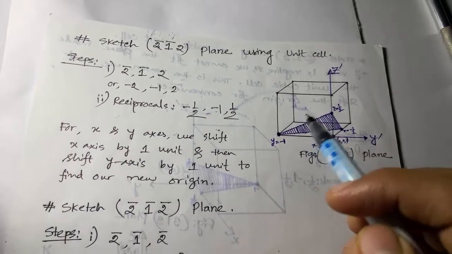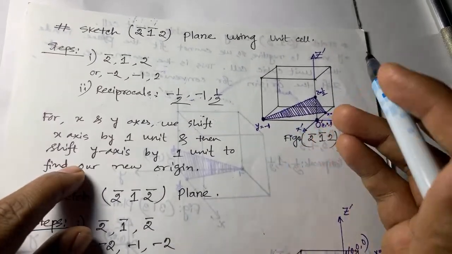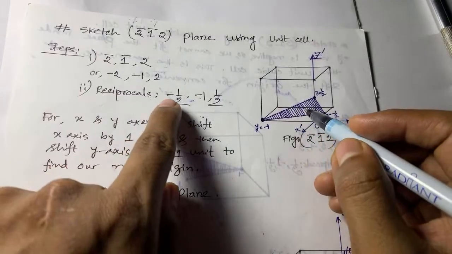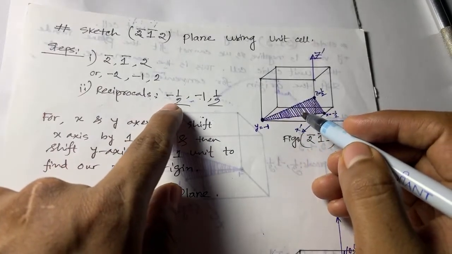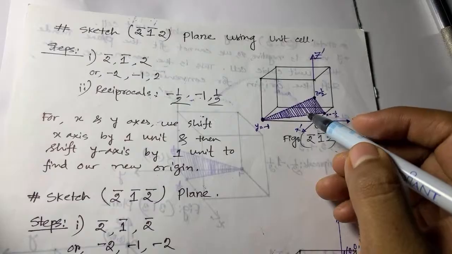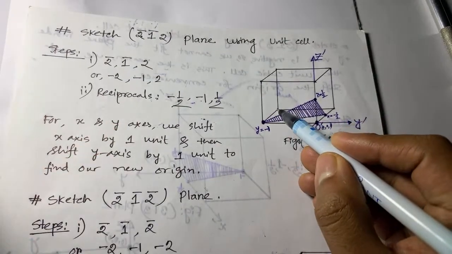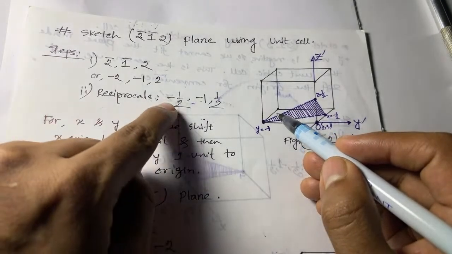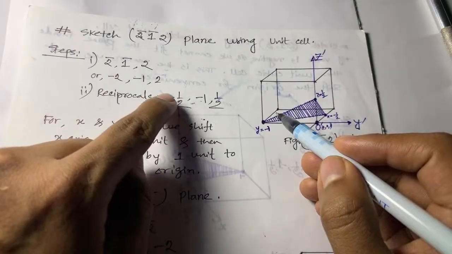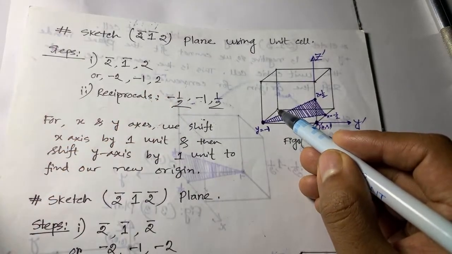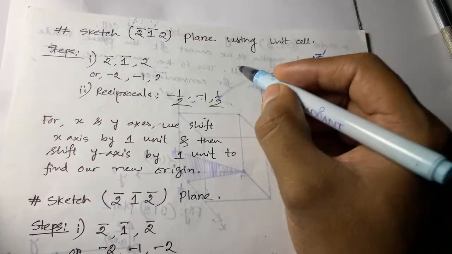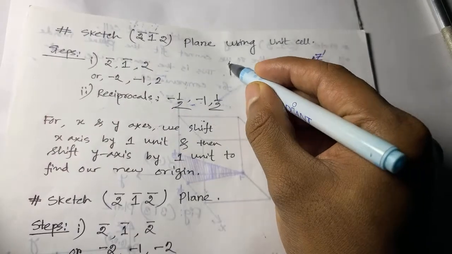So let's see what we have here. First, we actually shift the origin, right? Originally our origin is usually here. Now we shift the origin along the x-axis because the x value is negative. Remember, let me make it clear to you.